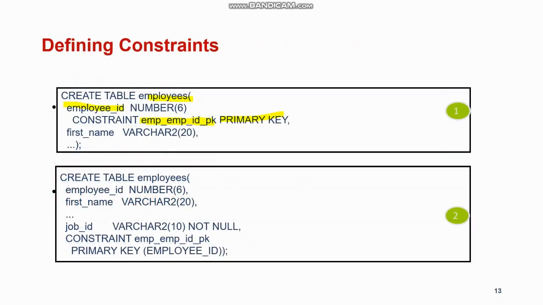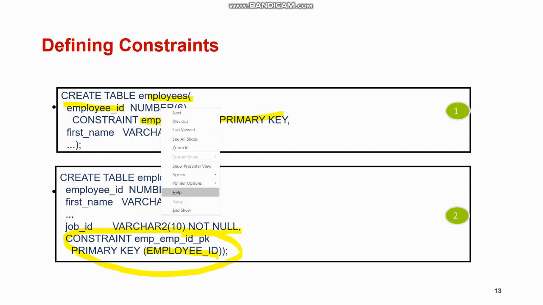Now we will see an example for a table level constraint. A table level constraint is given at the end. Here you can see the constraint is given in the same table, at the end, where you have to mention the column name. So employee ID you have mentioned here, and primary key is given for the employee ID. Apart from this, we have one more constraint given here, that is not null, which I just changed the color of.